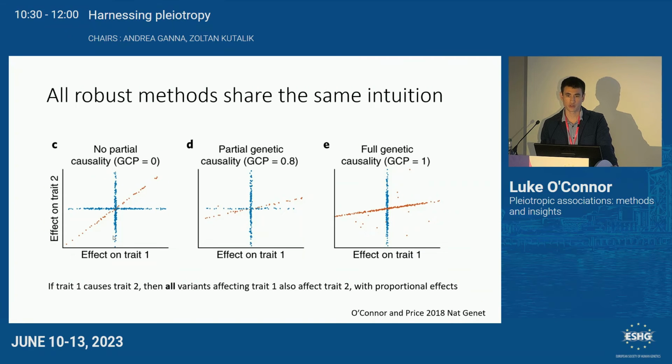When you see that, it means there's no causal relationship. But what a causal relationship looks like is that even though you're going to have variants that affect trait 2 but not trait 1, all of the variants affecting trait 1 have proportional effects on trait 2 as well, and that's how you can tell that there's a causal relationship. Obviously, when we have noise and we look at real data, it never looks like this, and that's why we need sophisticated statistical methods to identify these types of relationships.